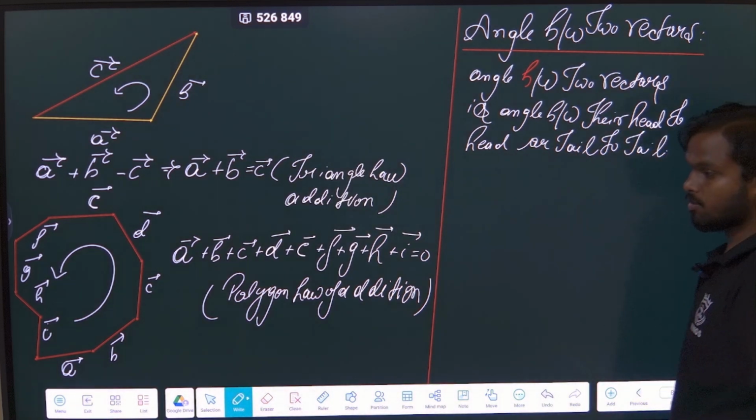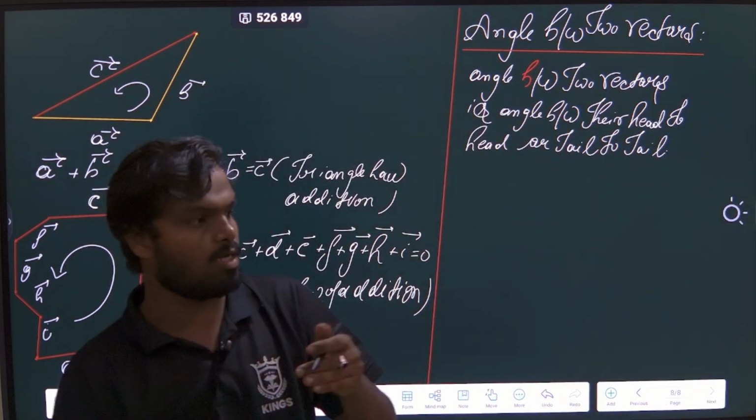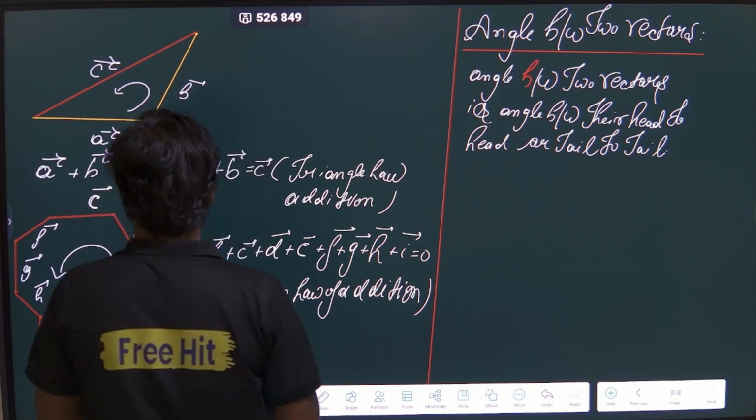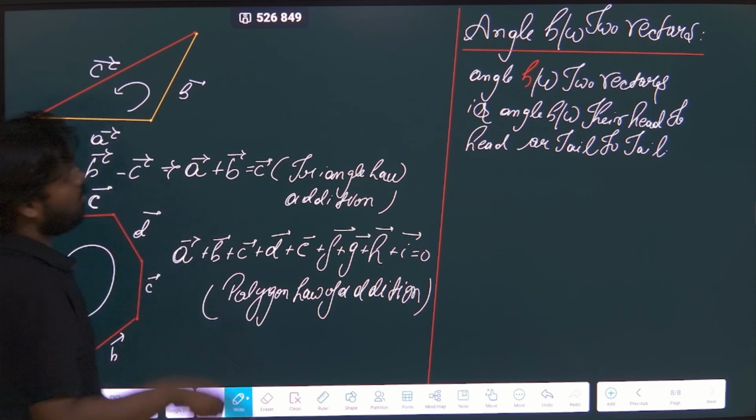That means whenever you have to find the angle, you have to see whether they are head to head joined or not, or tail to tail joined or not. This arrow is called the head, and this other end is called the tail.